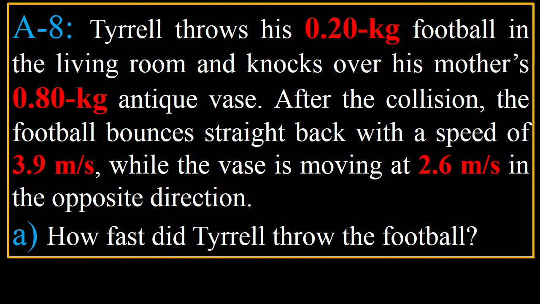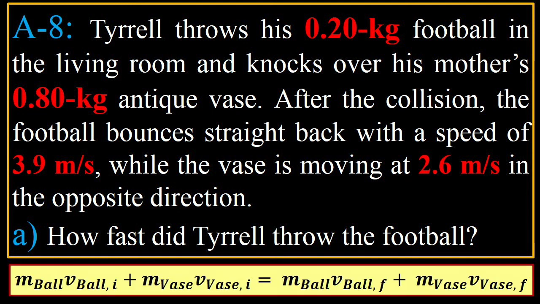How fast did Tyrell throw the football? Well, it says opposite direction, there's not two opposites. The football is going forward, so the vase will be a positive 2.6 and the football will be a negative 3.9. So it's going to be conservation of momentum.